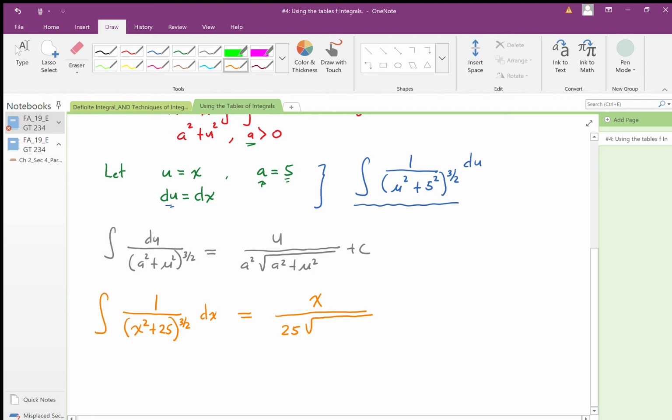And the square root of a squared plus u squared, we can just switch it back. So that's going to be x squared plus our a squared, 25. Okay? Plus c. And you can rewrite this if you want to and just say 1 over 25 times x over the square root of x squared plus 25, plus c.